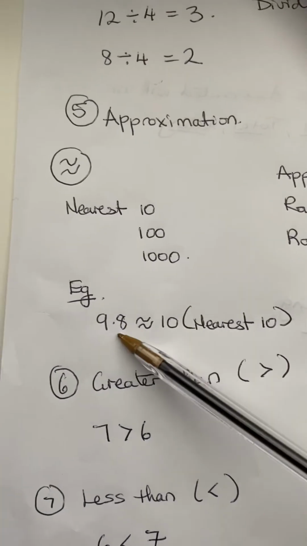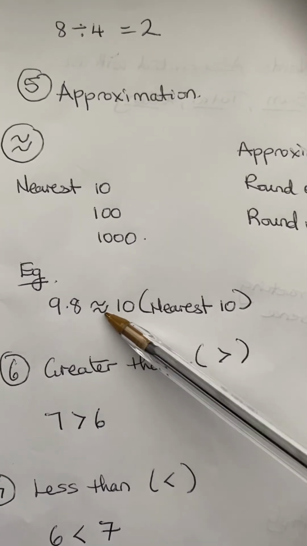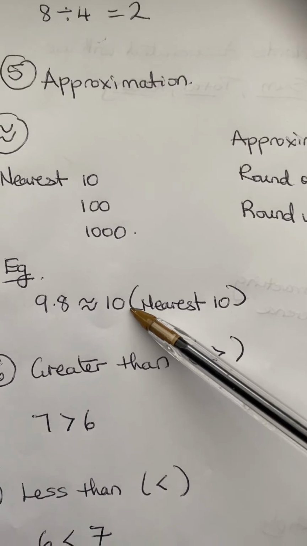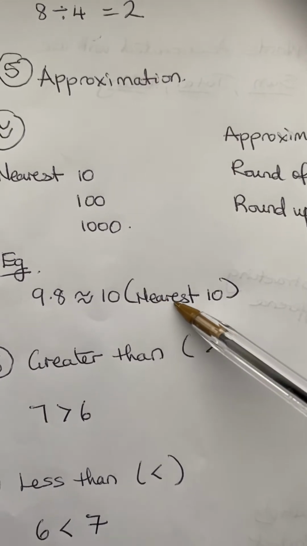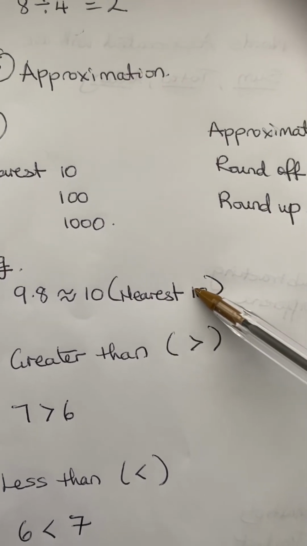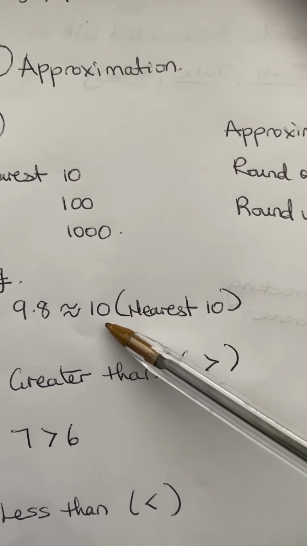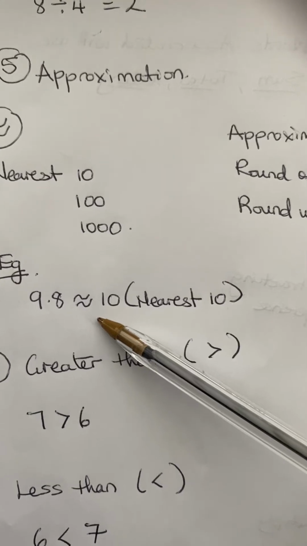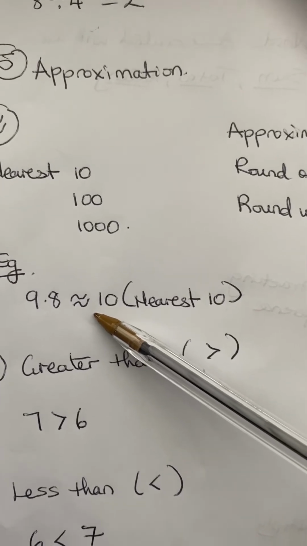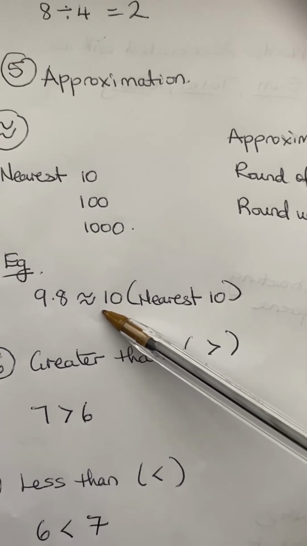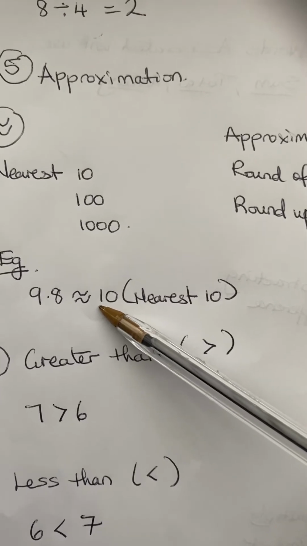So for example, 9.8 is approximately 10. This is nearest 10. So for instance, if you go to the shop and it's £4.99, it's approximately 5 pounds. The change you are going to get is a penny anyway.